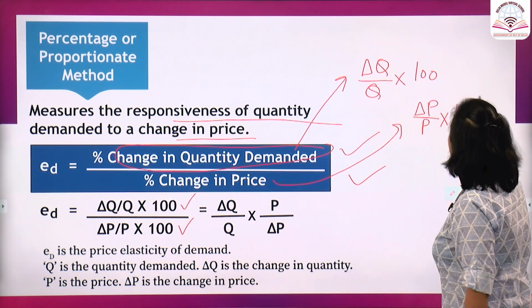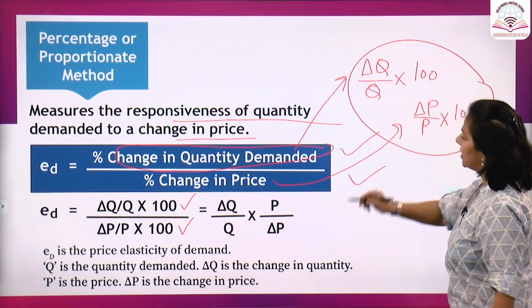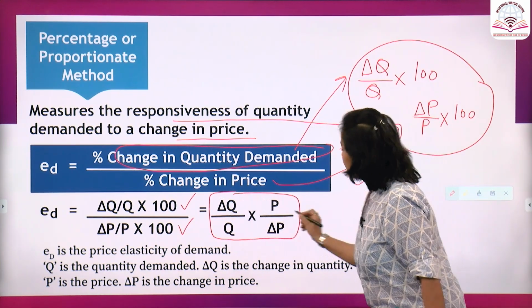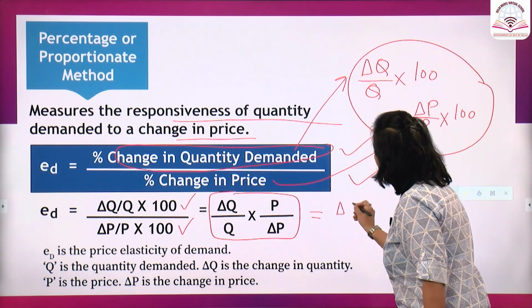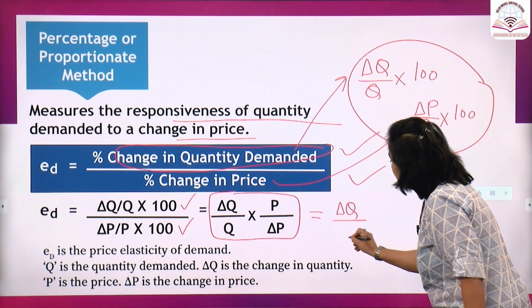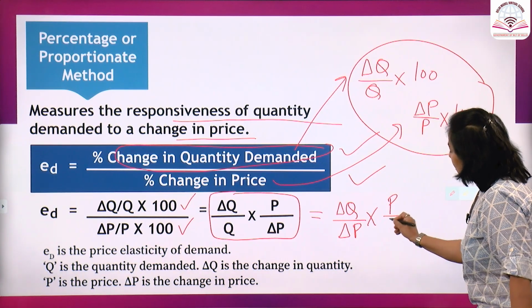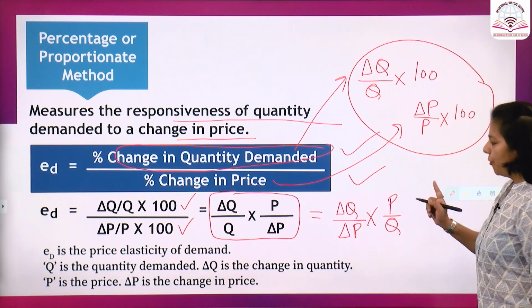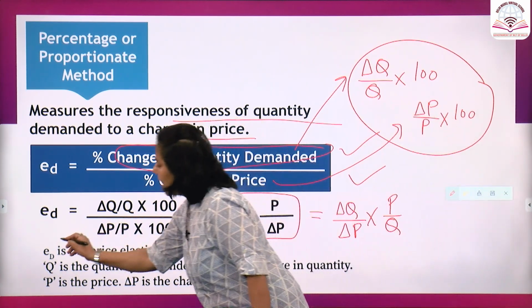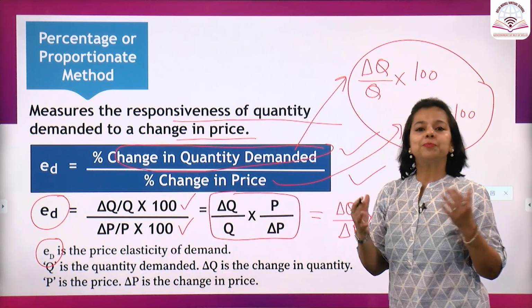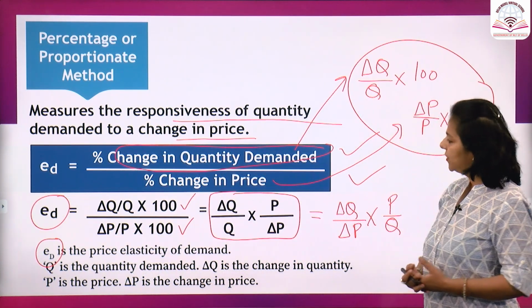And by simplifying these two things, I can rewrite this formula as change in Q divided by change in P times P upon Q, where ED stands for elasticity of demand, that is price elasticity of demand.